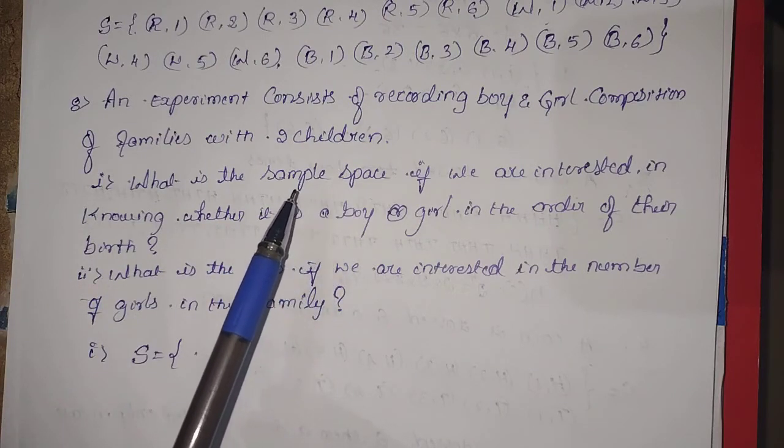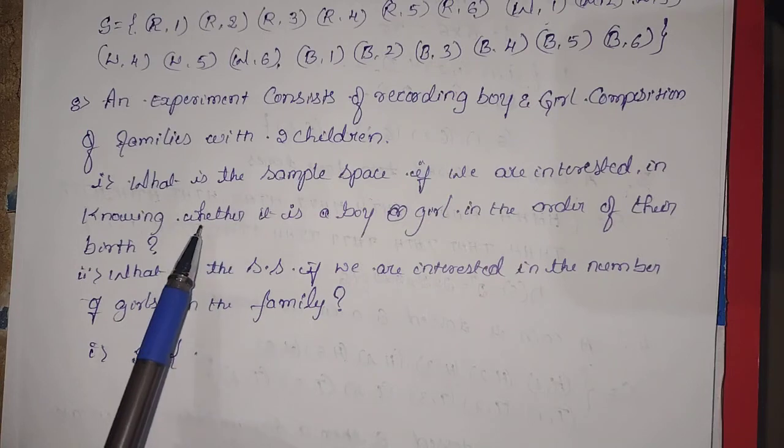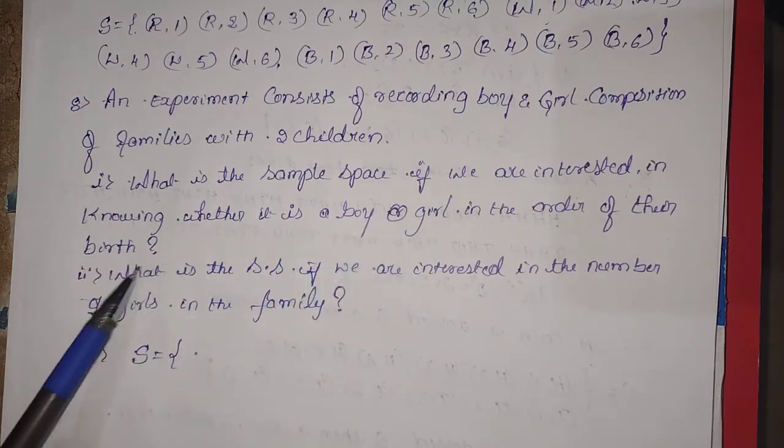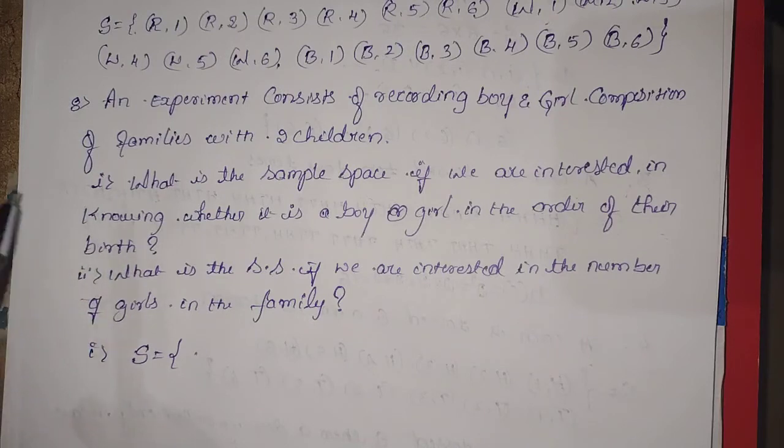Maybe the first baby is a boy or girl. It depends upon their birth. Maybe 2 babies are born in the family, maybe both are boys, both are girls, maybe girl and boy, maybe first one is girl or boy. We don't know exactly, but we should write the sample space like this.